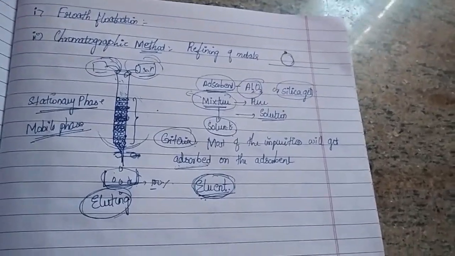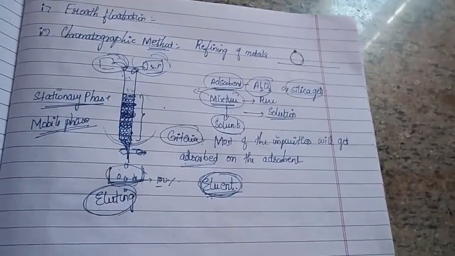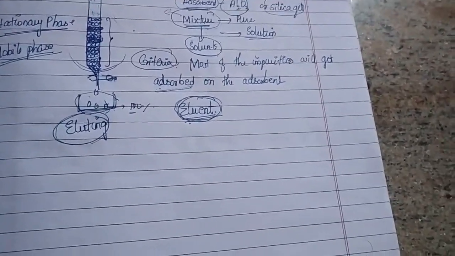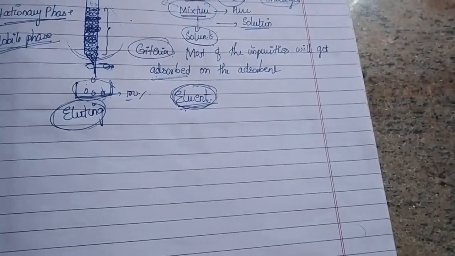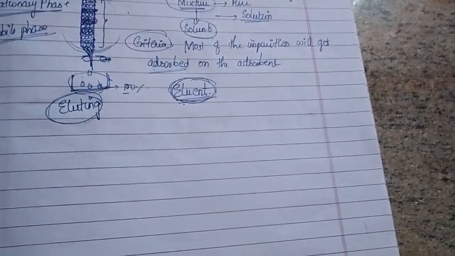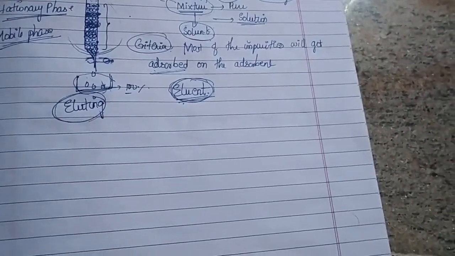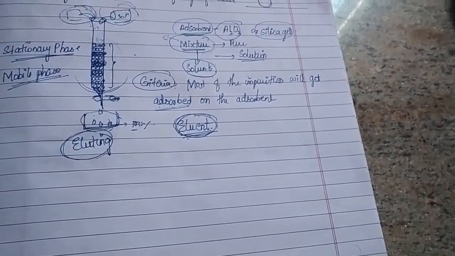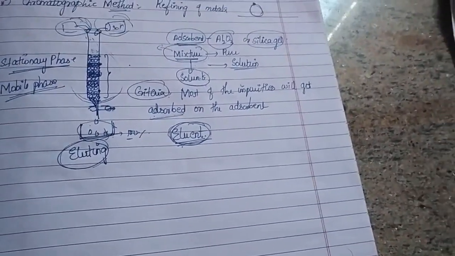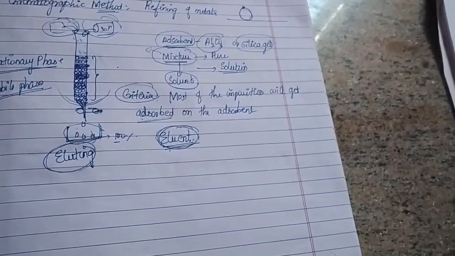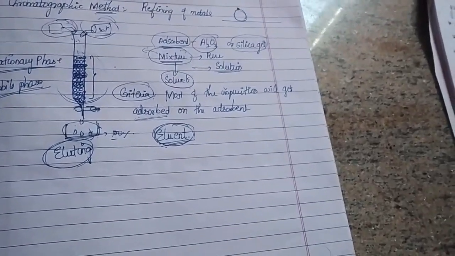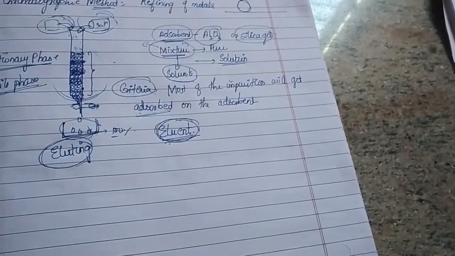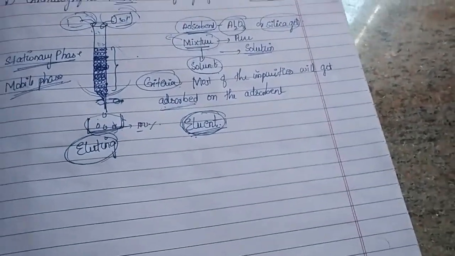Similarly, the most important thing, which we are going to study in detail, is the main application with respect to your catalysis. When a catalyst is used, we say the rate of the reaction increases. How does it increase? It is making use of the adsorption phenomenon. It allows the reactants to come and sit on its surface, and then it makes the reactants react on its surface itself.